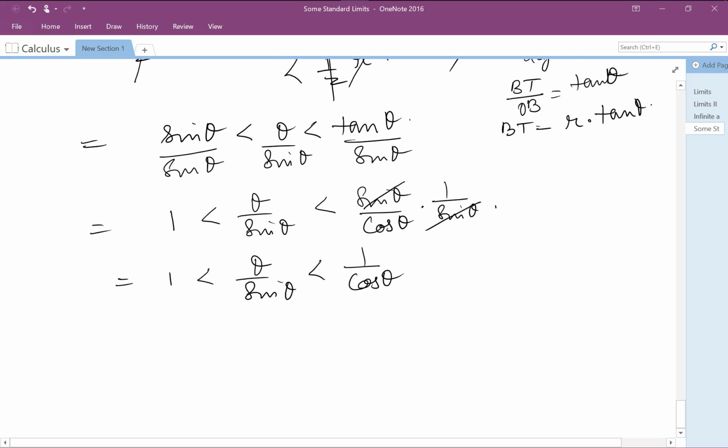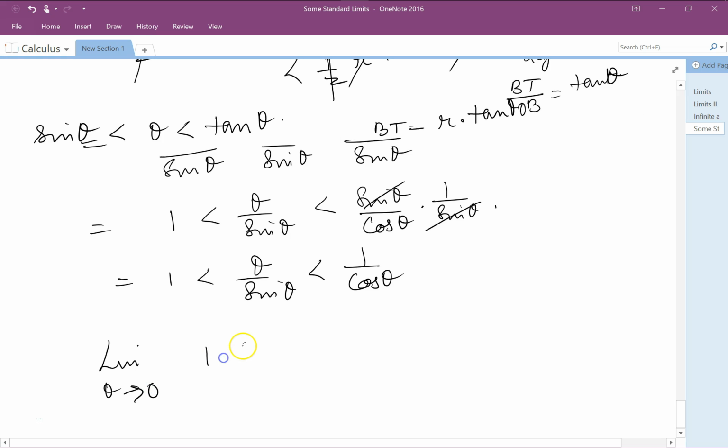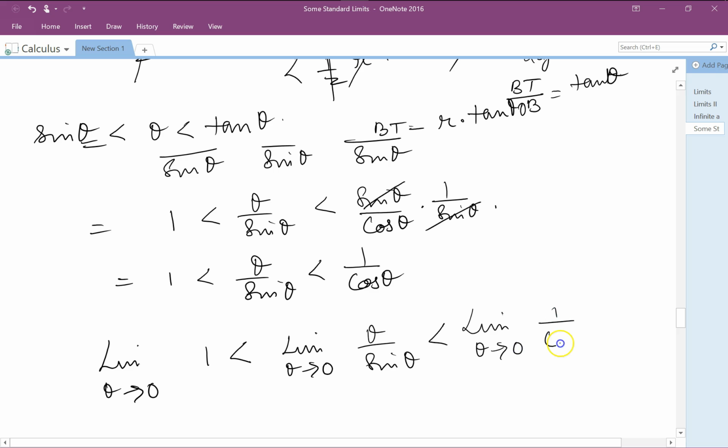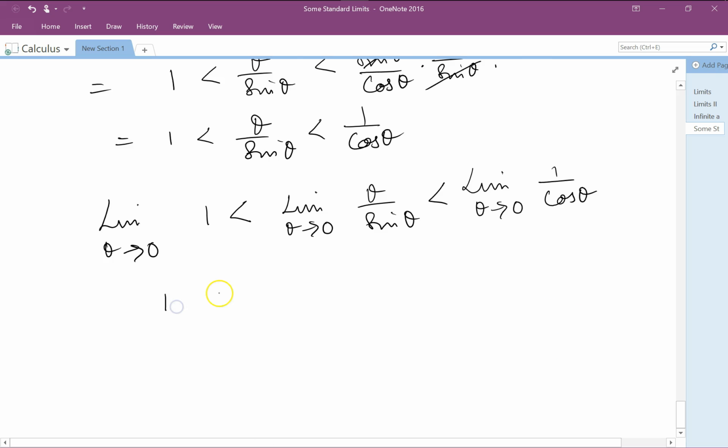Now let's take the limit as theta approaches 0. So 1 is less than the limit of theta by sin theta, which is less than the limit of 1 by cos theta. Let's leave the middle as it is, because this is what we have to find.